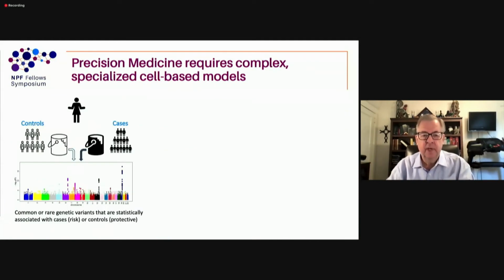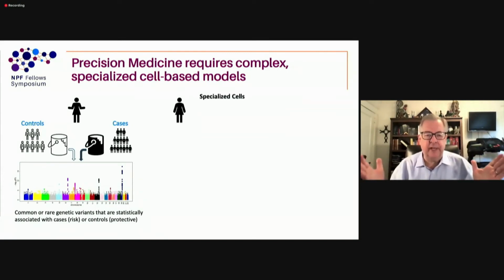So let's consider a person that finds out they have pancreatitis, and how do we think about how this person can be assessed? Traditionally, we'll do a case control study where you put them in a bucket of cases since they have disease, and then you can do a GWAS study, and what you find is there's a whole bunch of genes that are either more common in the cases because they're risk, or in the controls because they're protective. But what we're really interested in is what is going on in this individual person.